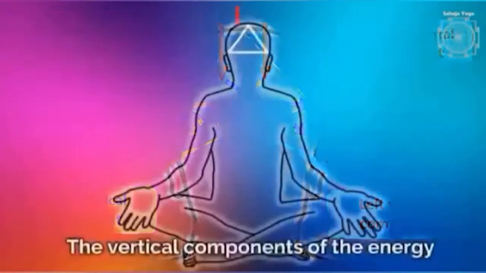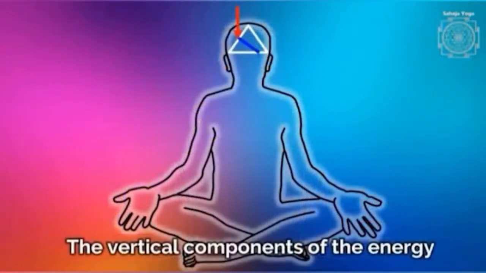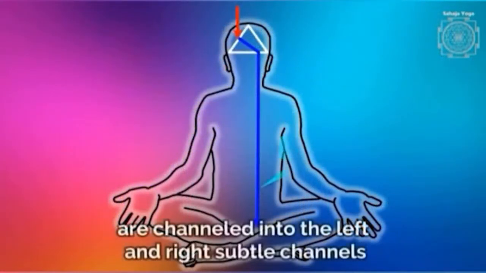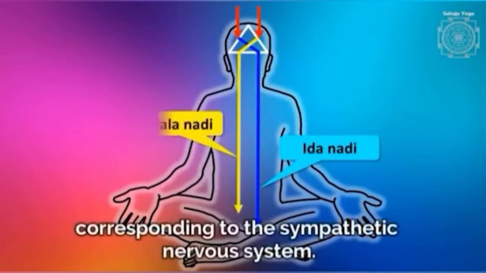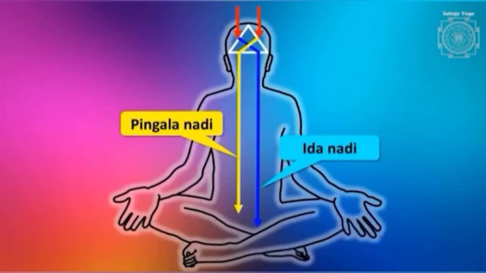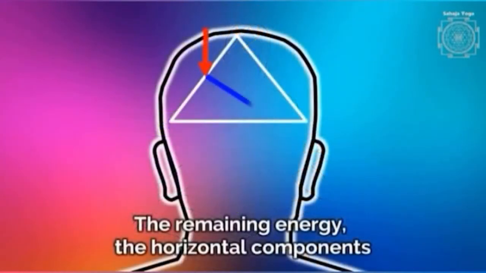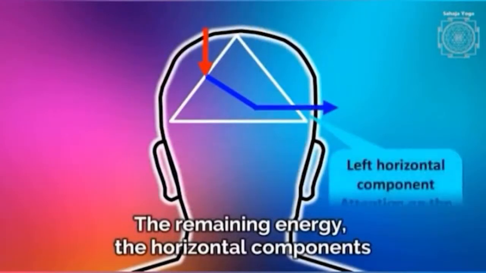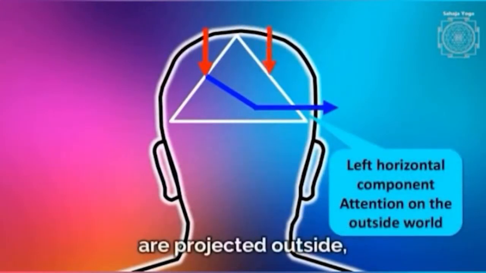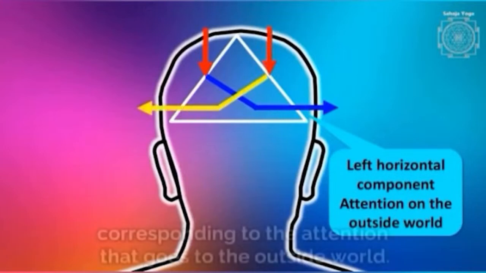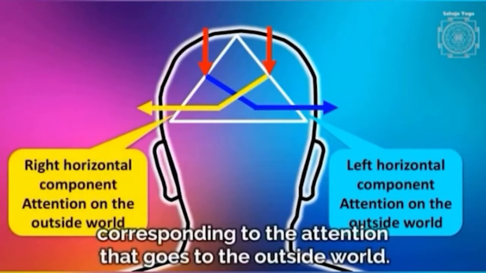The vertical components of the energy are channeled into the left and right subtle channels corresponding to the sympathetic nervous system. The remaining energy, the horizontal components, are projected outside, corresponding to the attention that goes to the outside world.